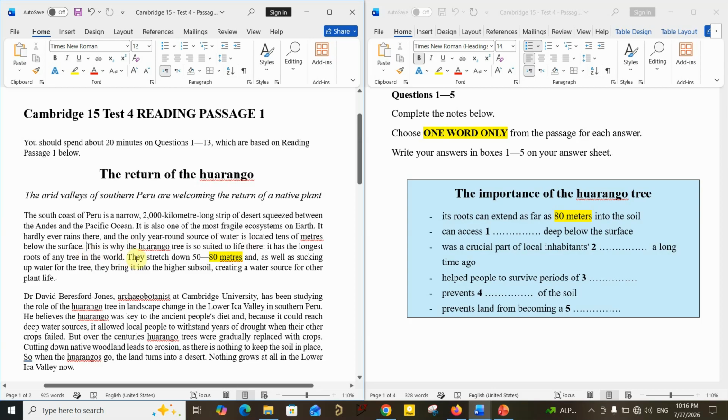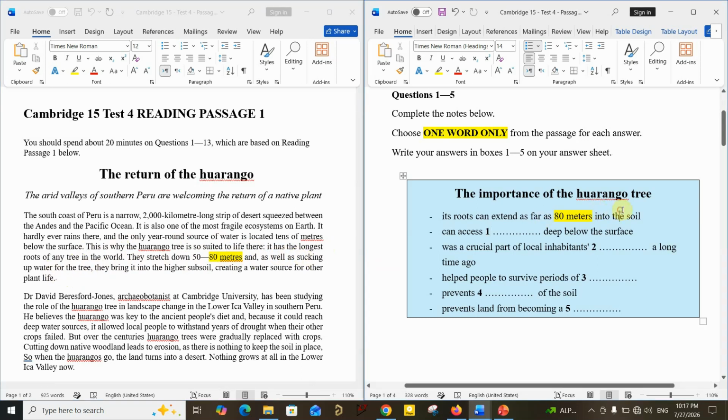This is why the Harango tree is so suited to life there. It has the longest roots of any tree in the world. They stretch down 50 to 80 meters, and as well as sucking up water for the tree. And here it says that it can access what deep below the surface.